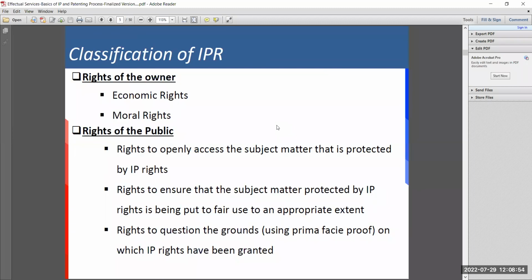So the most important thing that I want to emphasize on this slide is why do we need IPR? Most people ask me what are the rights we are getting. We are spending a lot of money on filing, a lot of money on drafting the application. So what would be the rights we will have? First would be economic rights, and second would be moral rights. Economic rights mean that you will have monetary advantages.